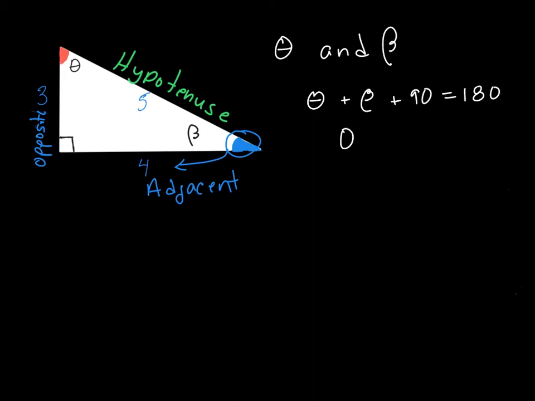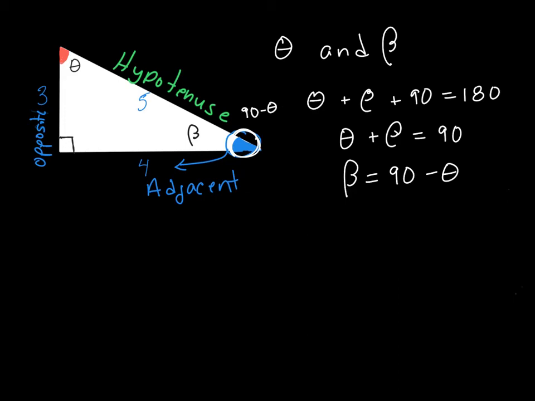I also know that then theta plus beta has to equal 90 degrees. And this brings up an important relationship: beta is equal to 90 minus theta. So this blue angle is not just beta, it's also the same thing as 90 minus theta.